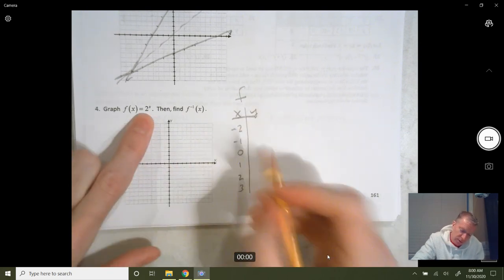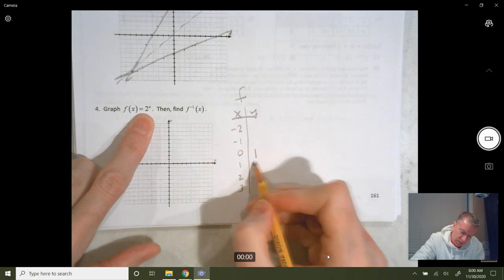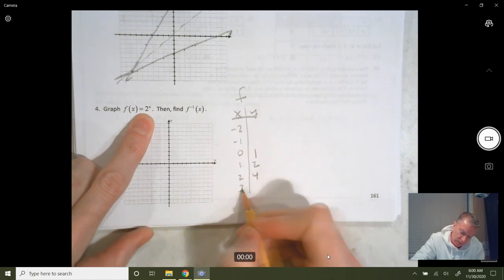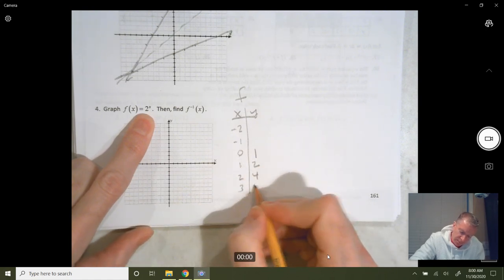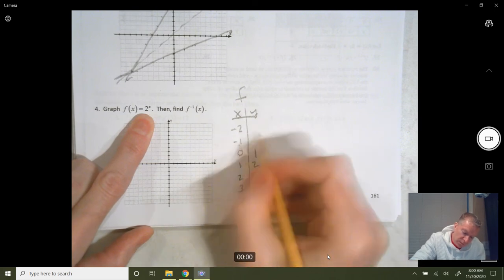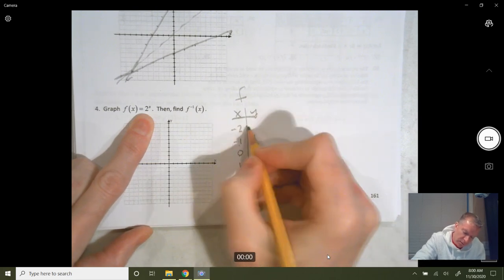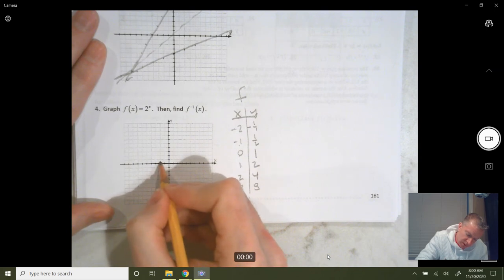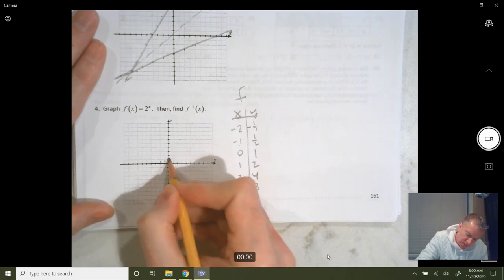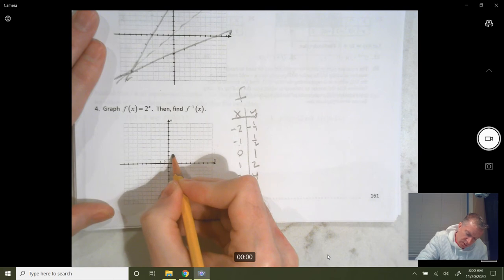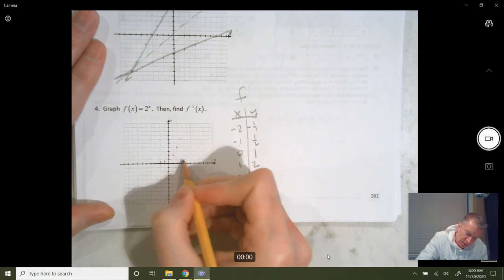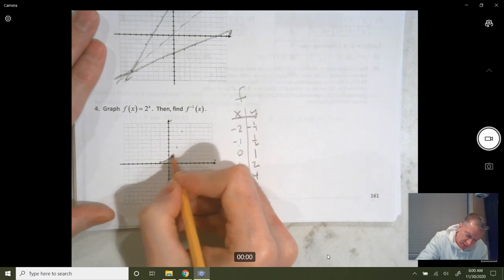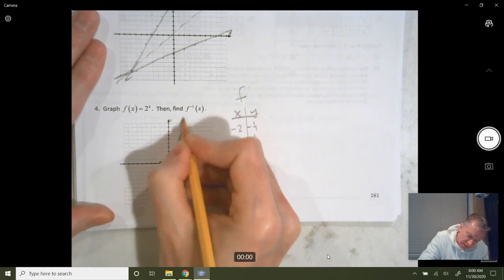So 2 to the 0 is 1, 2 to the 1 is 2, 2 to the 2 is 4, 2 to the 3 is 8. 2 to the -1 is 1/2, 2 to the -2 is 1/4. So: -2, 1/4; -1, 1/2; 0, 1; 1, 2; 2, 4; 3, 8. So you've got this function f that looks like this.